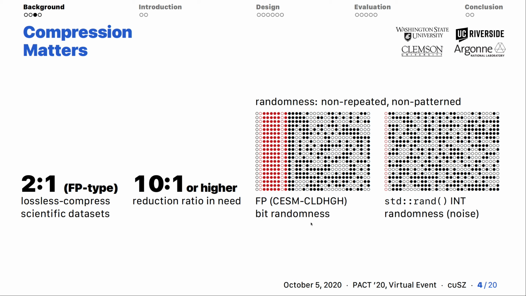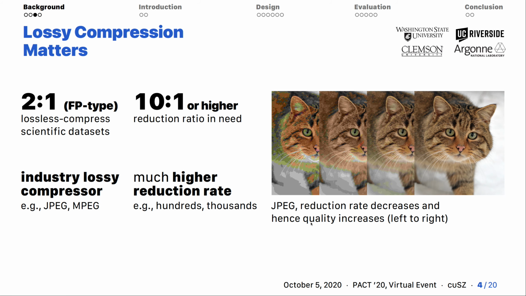If we look into lossless compression, it's not really effective because of the randomness from the floating point data representation. It's non-repeated and non-patterned. If we put it side by side, we find that floating point represented data can be really random, just like noise. And we look into lossy compression.